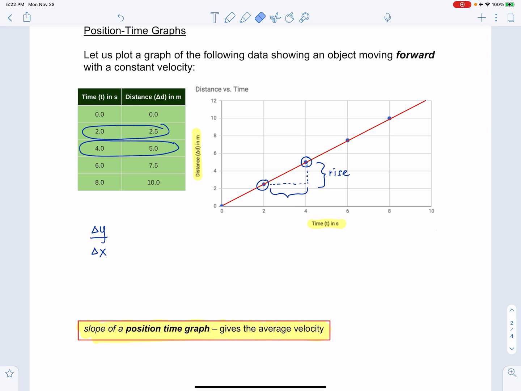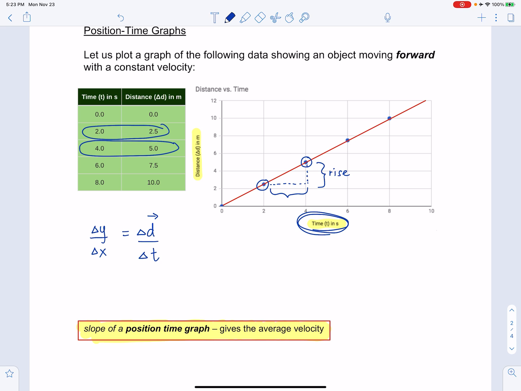So the y-axis is measured in position. So when we're finding delta y, what we're really finding is the change in position, delta d. And when we're finding delta x, since the x-axis is measured in time, what we're finding is delta t, the elapsed time.